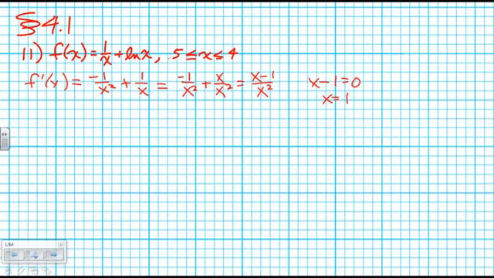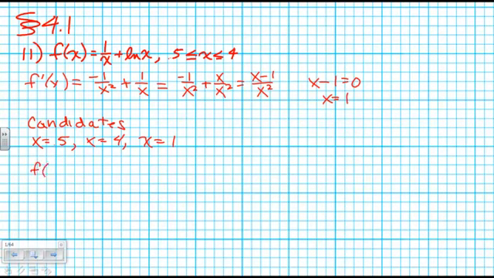So let's make a list of our candidates for extrema. Our candidates consist of x equals 0.5, x equals 4, and x equals 1. Those are our candidates.